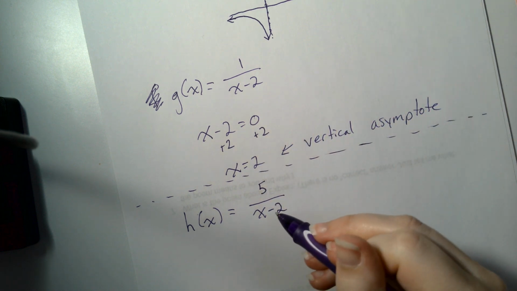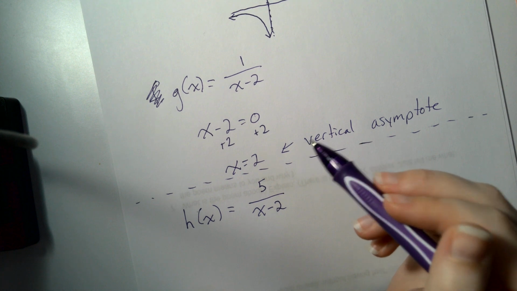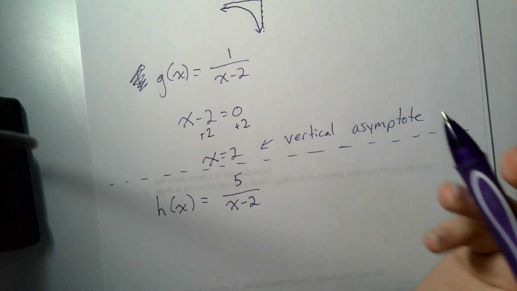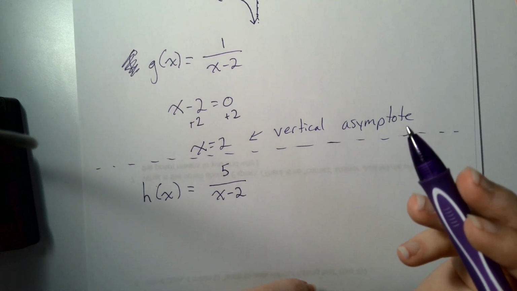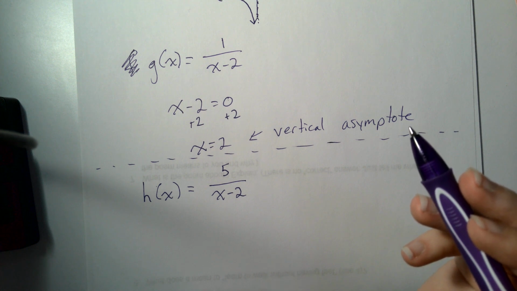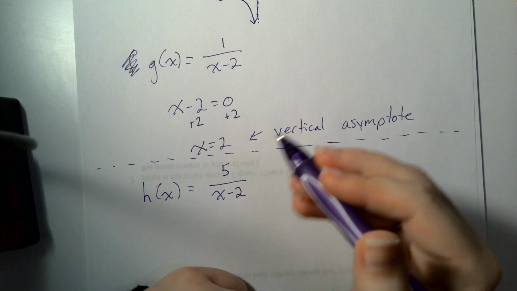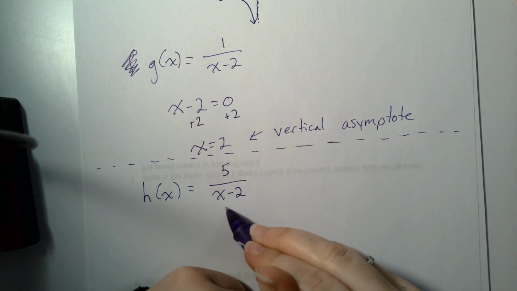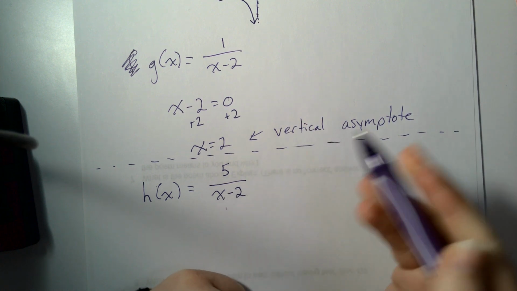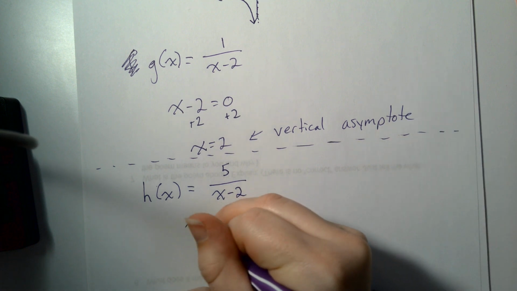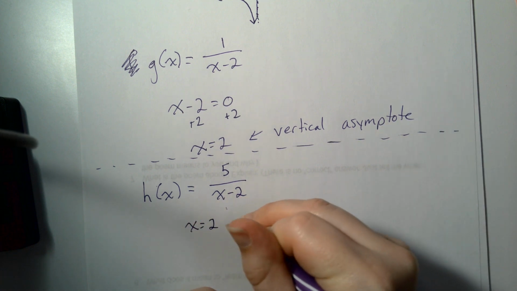If we have 5 over x minus 2 instead of 1 over x minus 2, what do you think is going to change about our vertical asymptote? Well, the answer is it's not going to change, because if you plug in 2 here, you're still going to get 0 on the bottom. So our vertical asymptote is still x equals 2.